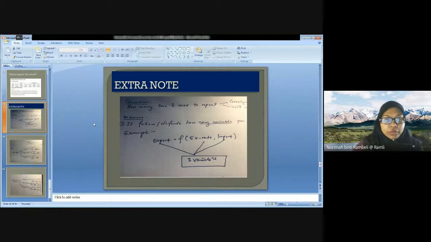Okay, let's go to the extra note here. When you do the correlogram or unit root test, in the situation where you have 3 variables, how many tests do you need to do for correlogram and unit root?